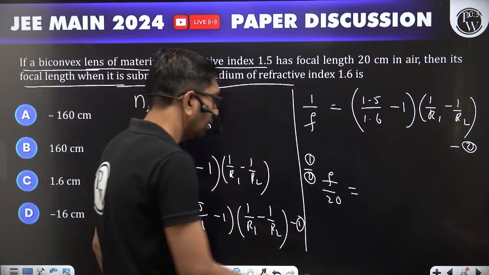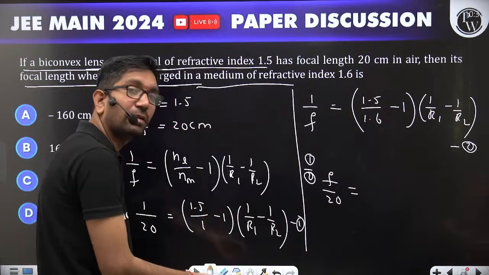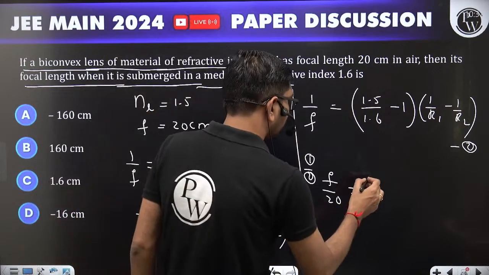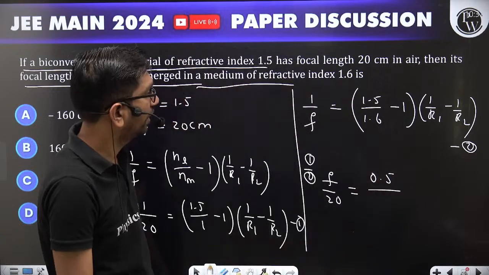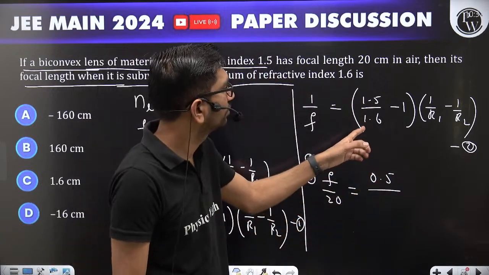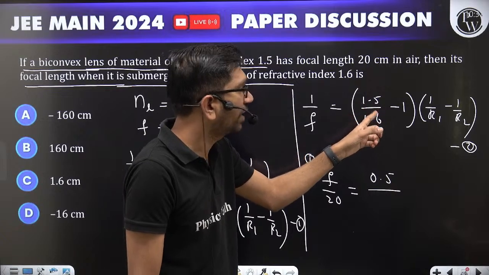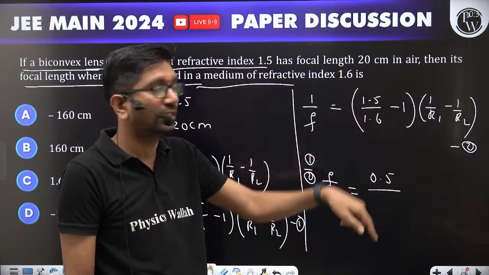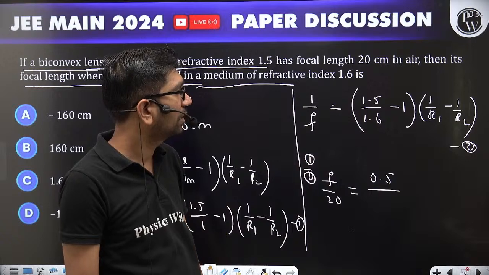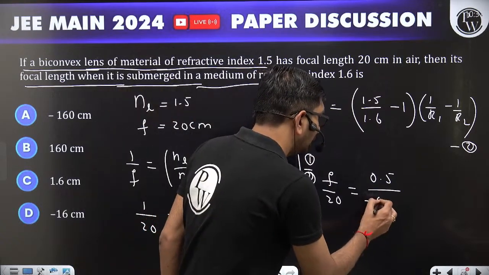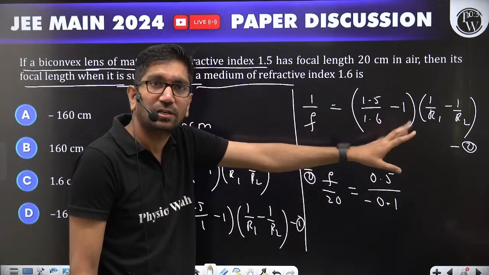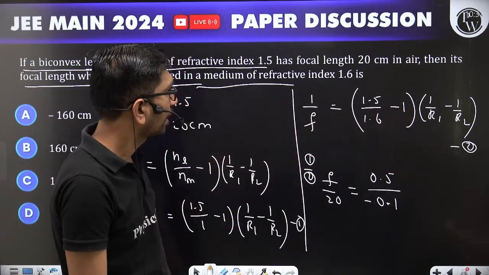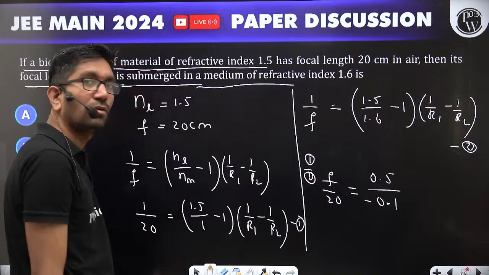Now 1.5 minus 1 is 0.5, upon, here you get 1.5 minus 1.6, which is minus 0.1. This term and this term get cancelled.